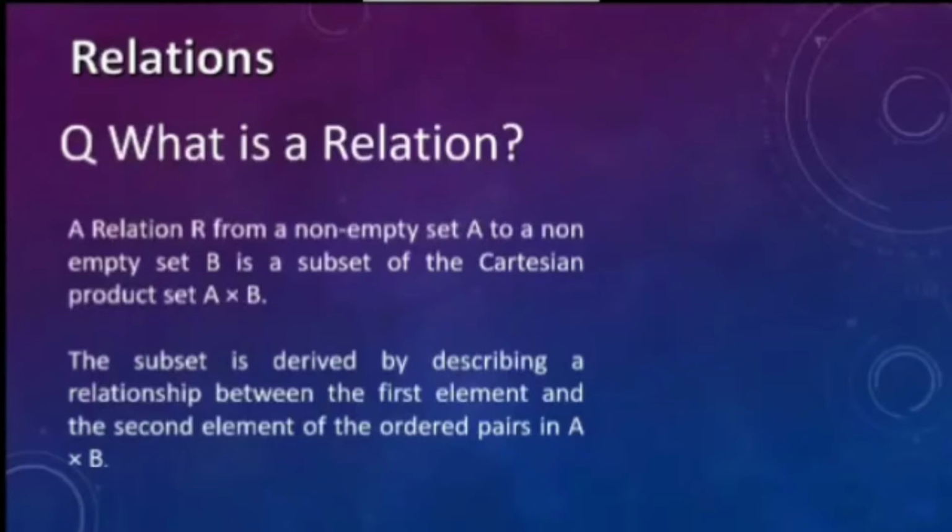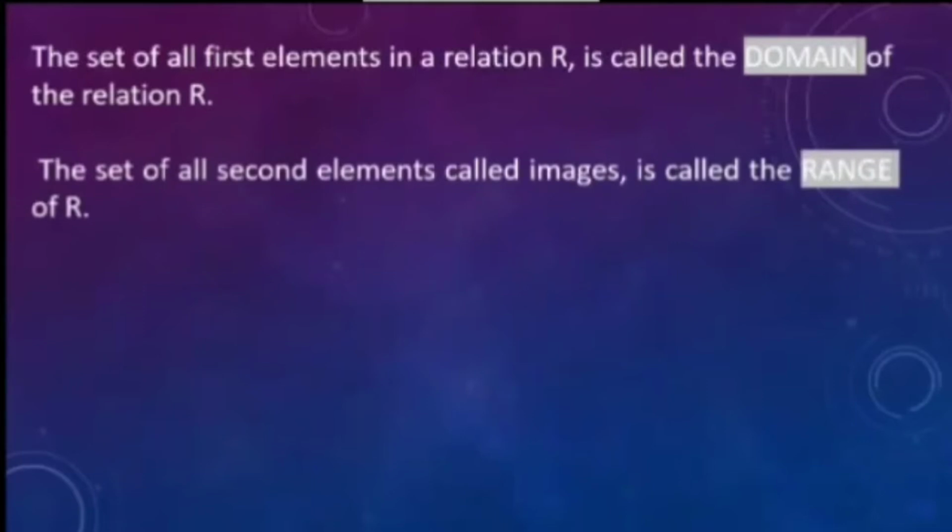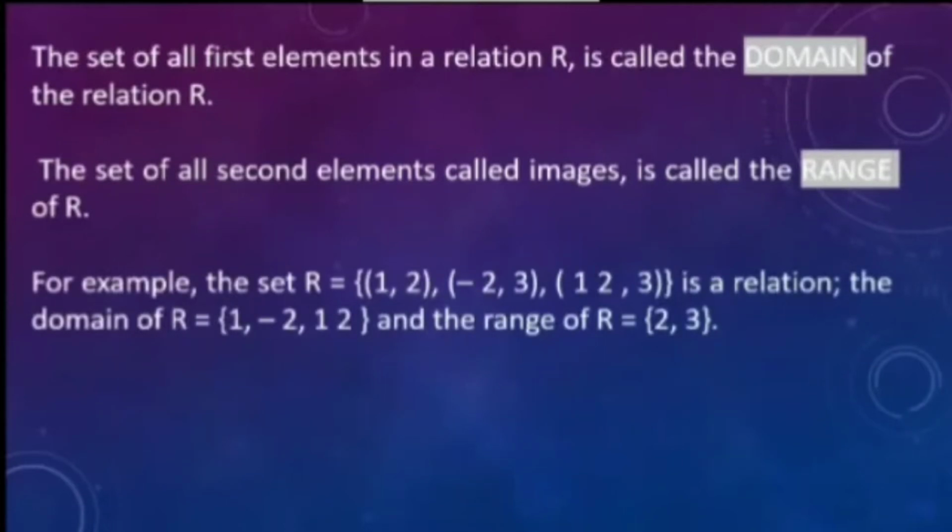A subset is derived by describing a relationship between the first element and the second element of the ordered pairs in A and B. See here, the set of all first elements in relation R is called the domain of the relation R, and the set of all the second elements, called images, is called the range of R. For example, the relation R equal to the ordered pairs (1, 2), (-2, 3) and (12, 3).